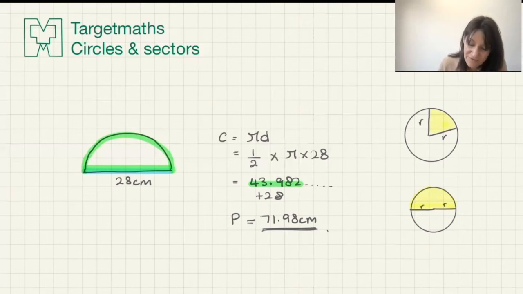So the way that we find the sector is we use a fraction of the full circumference or of the full area. In the case of a semicircle, it's a fraction of a half. In the case of a sector that looks more like a slice of a pie, we're going to use the degrees to help us.